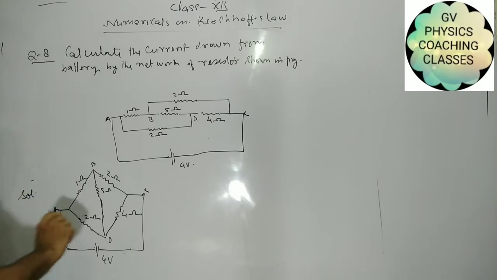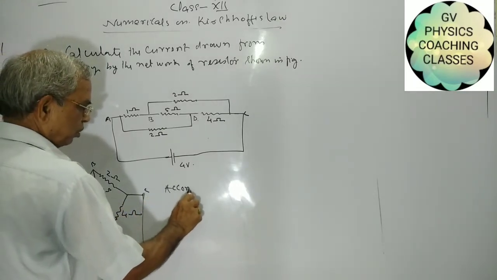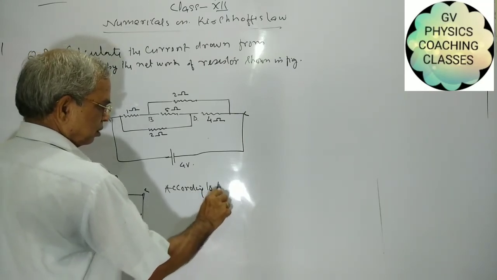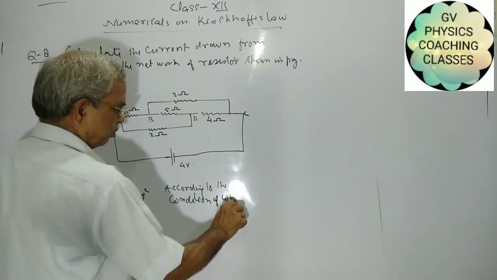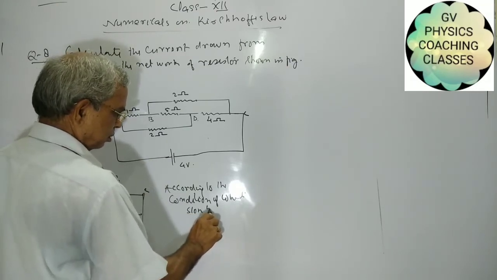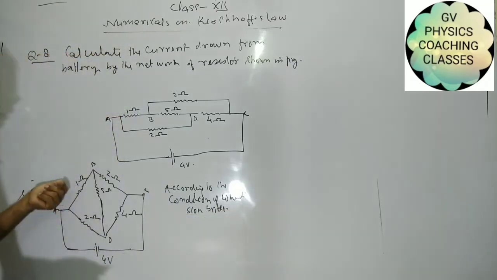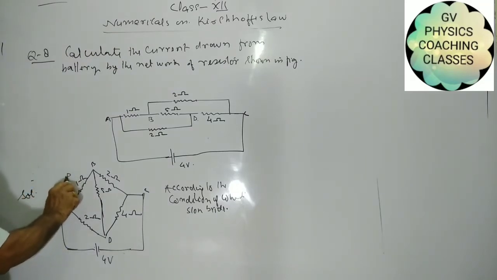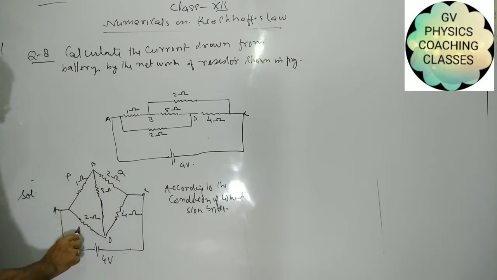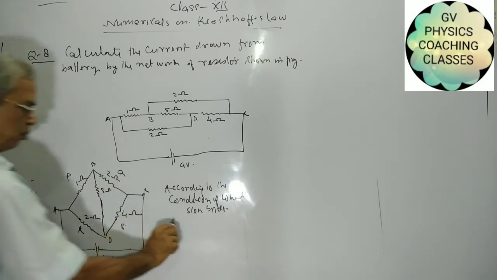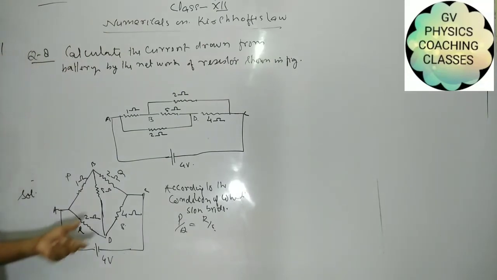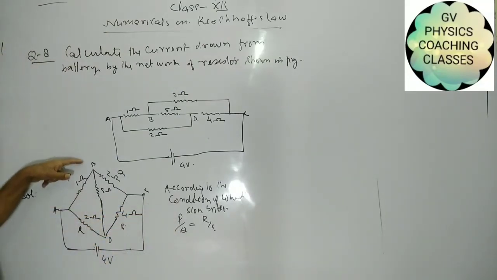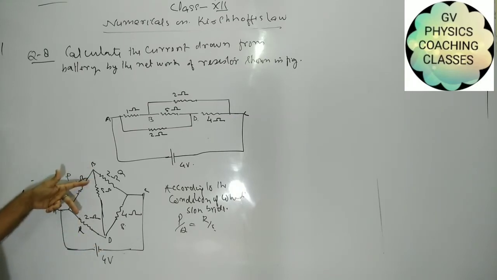Now according to the condition of Wheatstone bridge, P upon Q, this line considered P, this considered Q, this is R and this is S. P upon Q should be equal to R upon S. If this condition is fulfilled, then the potential of points B and D becomes equal, so there is no current in this side and it is neglected.